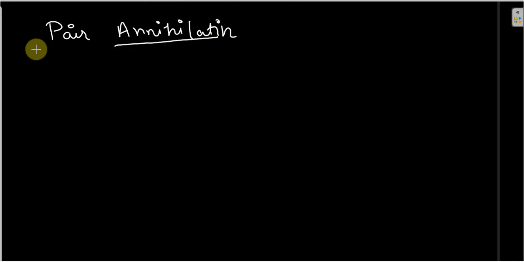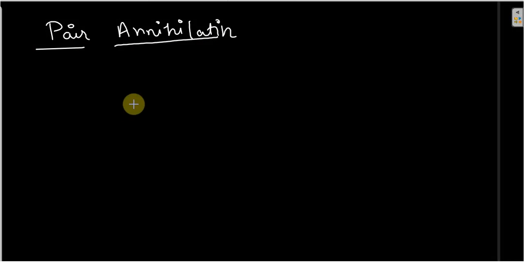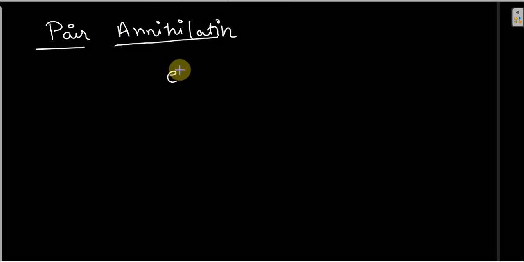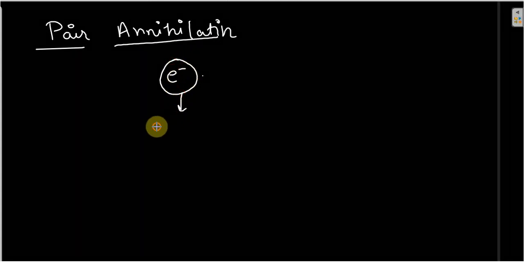In this case, again we will take the example of the positron and the electron. These are all elementary particles like the electron. So here we have e negative, this is your electron, and this is the positron.